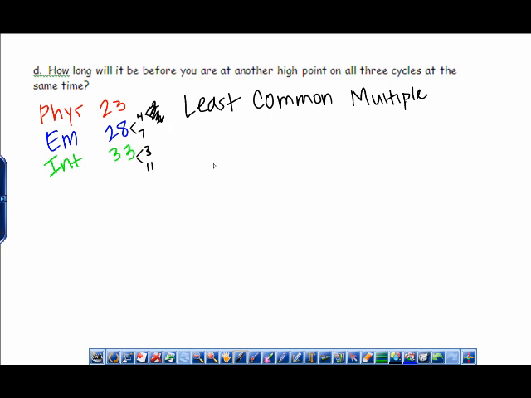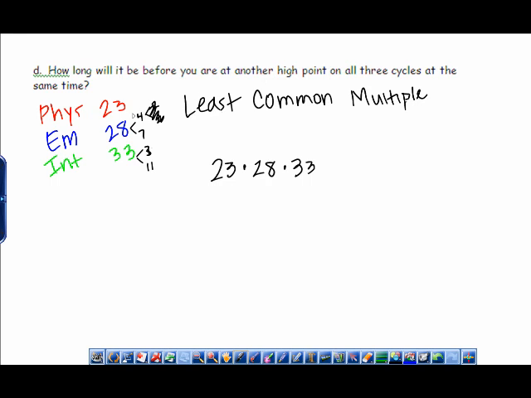Now, multiplying these three numbers together, 23 times 28 times 33, would always come up with a multiple. That would come up with a day when you're at a high point. Although it's not always the least common multiple, in this case it is, because none of these numbers are repeats. If instead of 23 here, this number had been 24, you would have a 4 in there, you have a 3 in there, then that day would actually come sooner than this.